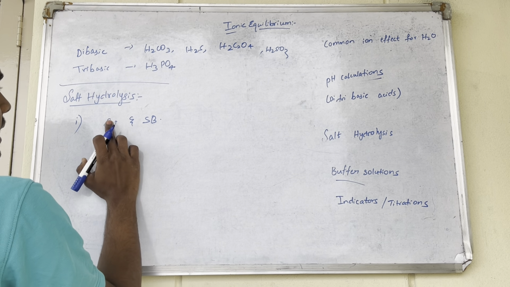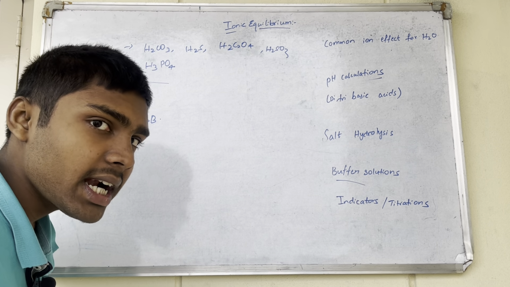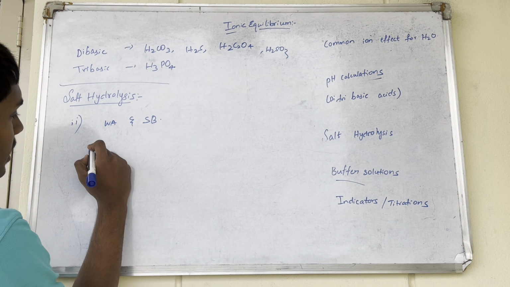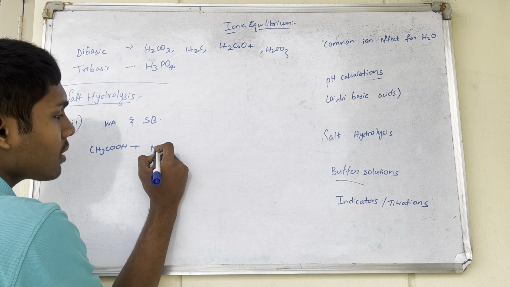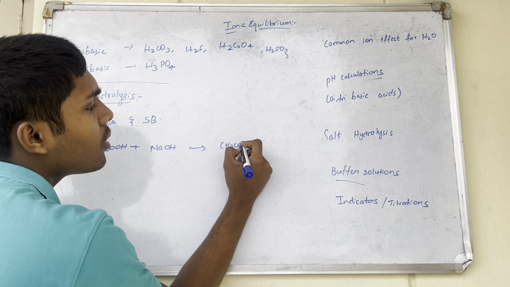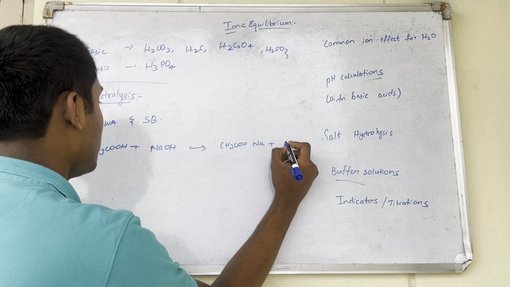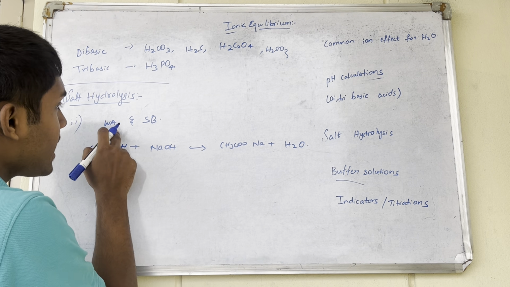a weak acid and a strong base. For example, weak acid CH3COOH plus strong base NaOH will form CH3COONa plus H2O. Correct? Now this is a salt of a weak acid and a strong base.